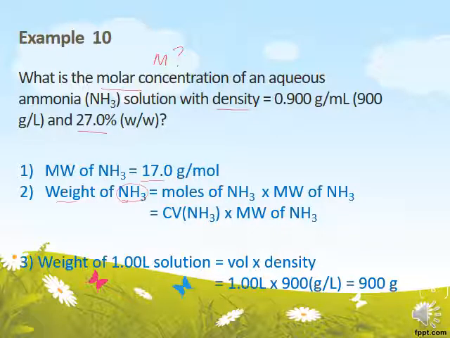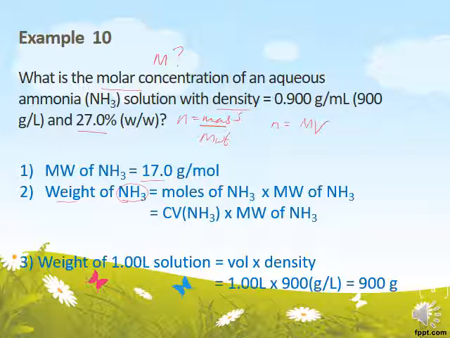To find mass of ammonia, we go back to the formula that you need to memorize, in which N is mass over molar mass. Another one is number of mole, molarity times volume.